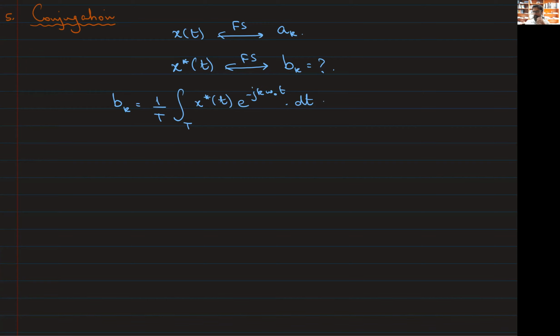All right, so now how do I relate this to a's? How do I relate this to a? Hassan, you were saying something in the chat box. Sir, we have x conjugate t here, right? We have a definition for x t as well, inside which we have a k's, so we should take its conjugate.